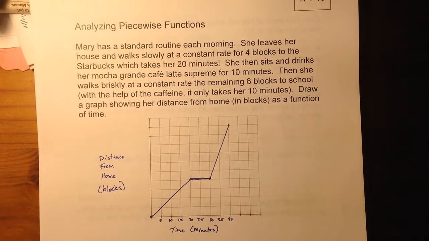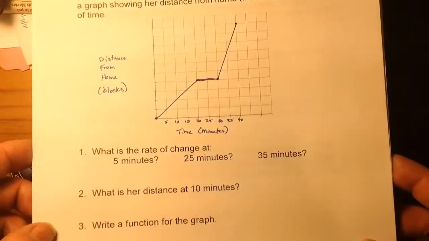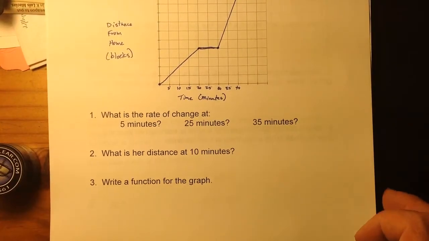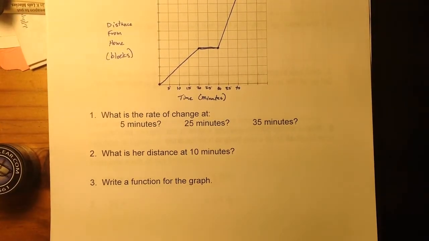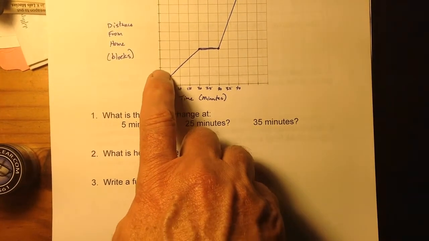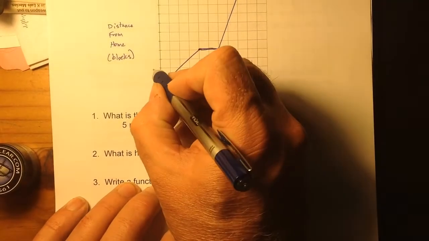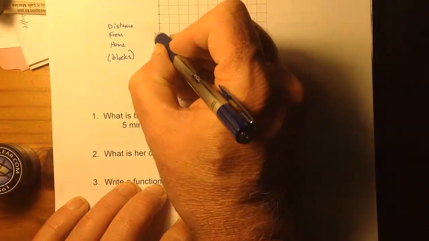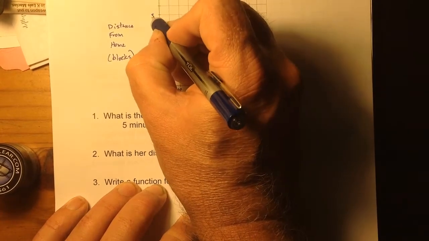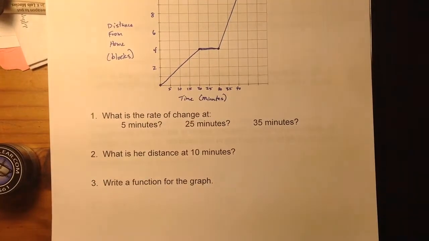All right? So, questions about this now. Number 1, what is the rate of change? When we're talking about rate of change, we're talking about slope. So what is the rate of change at 5 minutes? Normally, we could move up and say rise over run. But the problem with this is that our scale is different on these two axes. We're going by 5s on the x-axis. We're going by 1s on the y-axis.